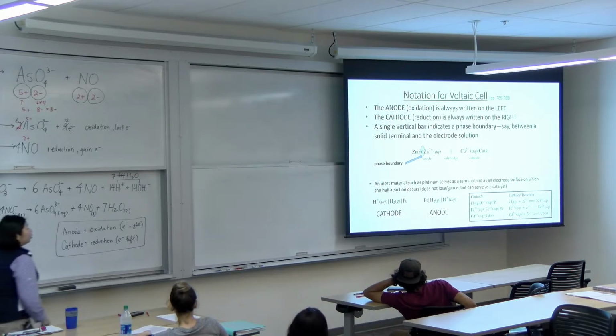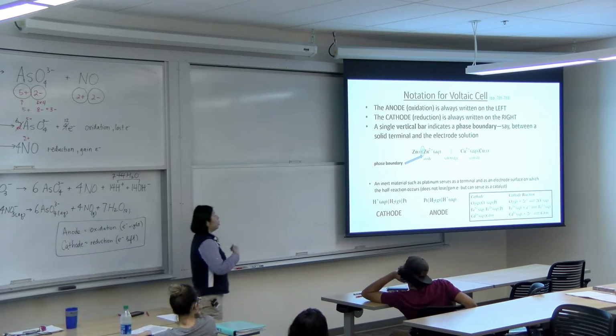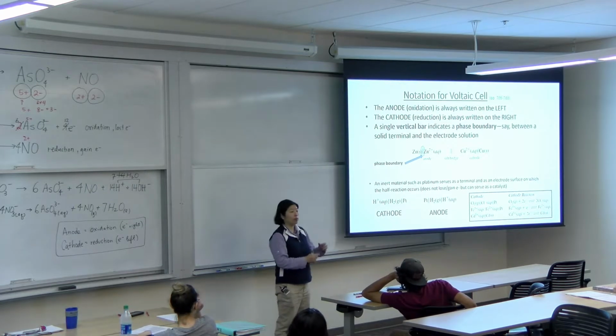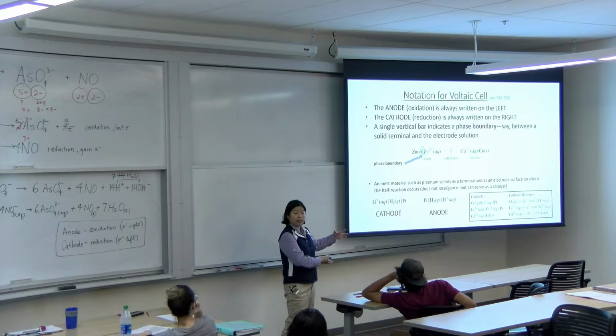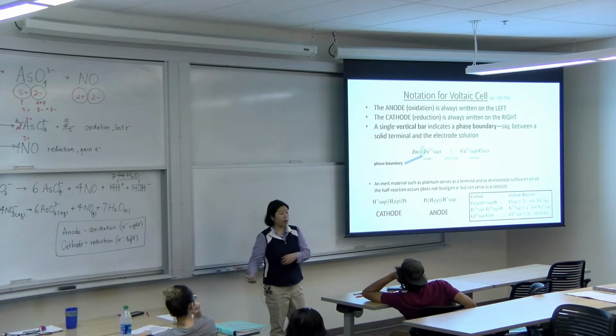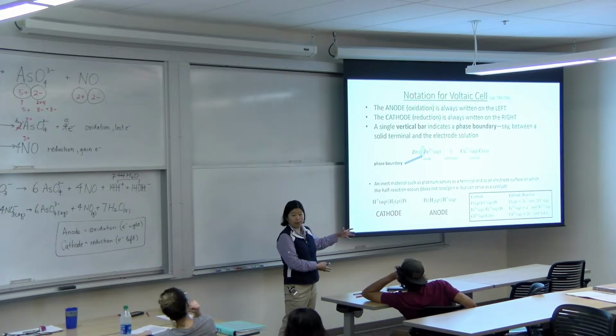So this is the notation for a voltaic cell. On the homework, you will be expected to go from the half reaction skeletons to the notation, and from the notation back to the half reaction skeletons. Okay?